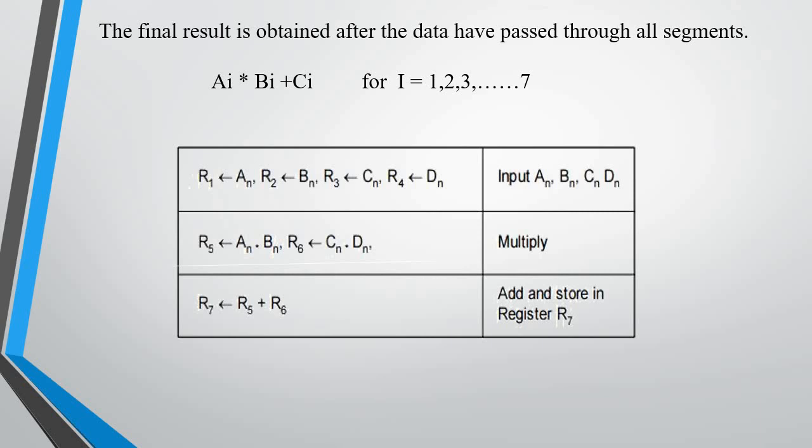These are the inputs, and then Ci is assigned to R3 and Di is assigned to R4. Now Ai times Bi is assigned to R5, and Ci times Di is assigned to R6. Finally, R5 plus R6, the resultant value, is stored into the R7 register.